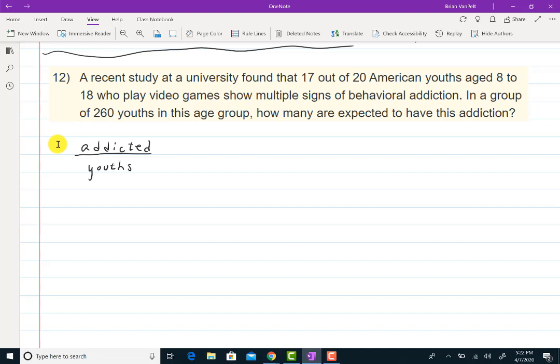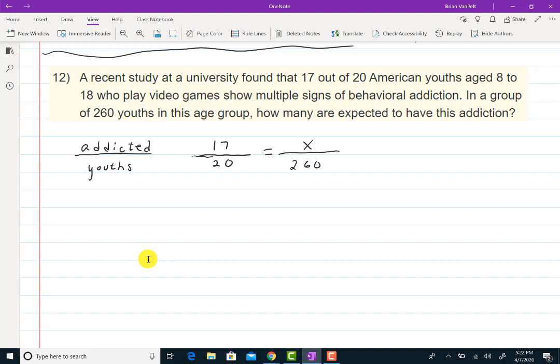That way, when I set up my proportion, I'm going to use the number of addicted on the top and the number of youths in the bottom. So we are told at the beginning that 17 addicted out of 20 youths. And then we want to know if we have 260 youths, how many of them are expected to be addicted.